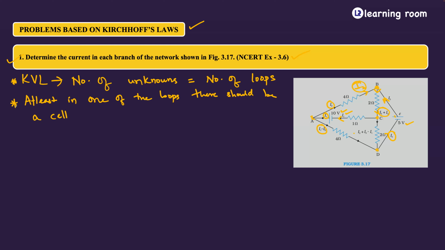First, check the number of unknowns; that tells you the number of loops you need to consider. Secondly, in this case you need to consider 3 loops, and at least in one loop there should be a cell. In the other loops, you can have only a network of resistors also. In this problem, you don't have anything of that sort. I'll explain with another diagram.